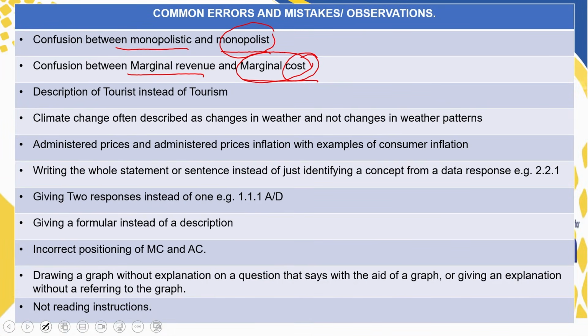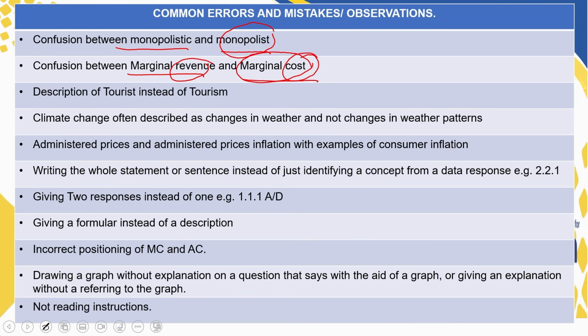So this is the cost that is incurred when you produce one extra unit. So producing goes with the cost of producing that product. So take care of them. There is always swapping, whereby when someone is talking about marginal revenue, they say it's the revenue that is gained after producing one extra unit, instead of saying after selling one extra unit. So be careful of that. There is always a mix-up here.